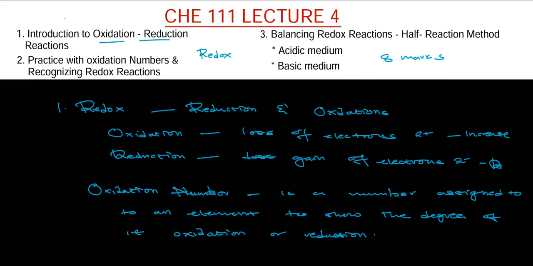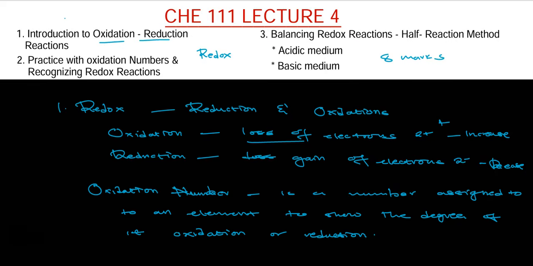Here we have a decrease in oxidation number, represented by the negative, meaning it gained some electrons. If some electrons were lost, it's going to be represented by a positive. The number is just showing a degree, how many electrons were gained or how many were lost. So this is what you need to know about oxidation.